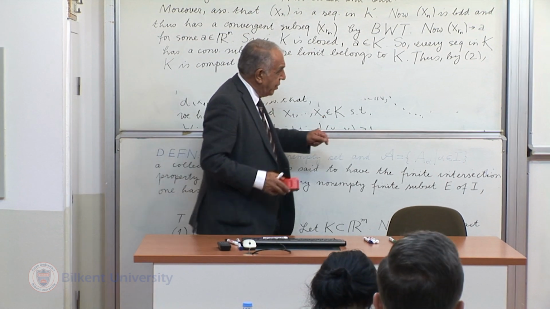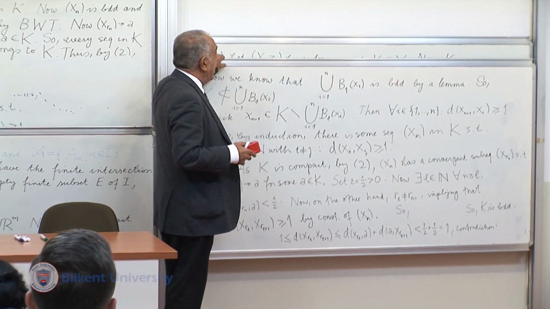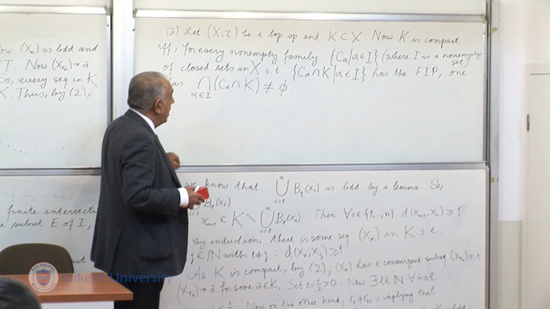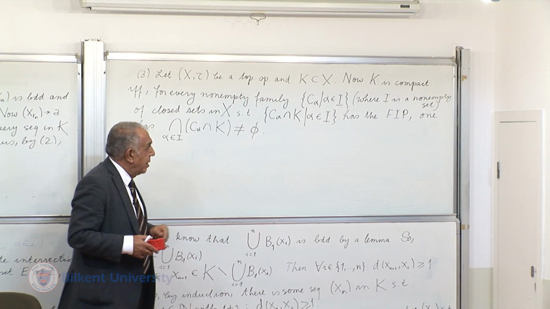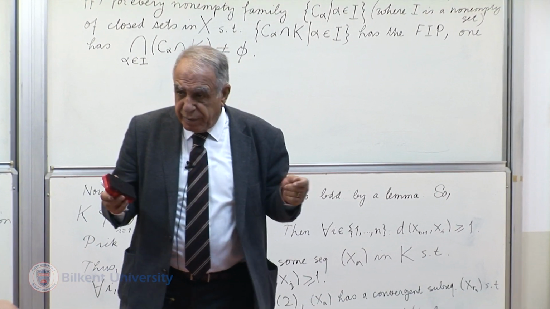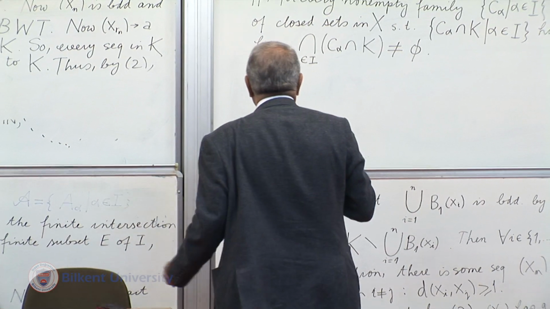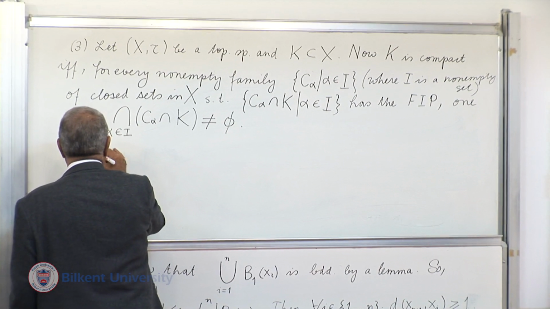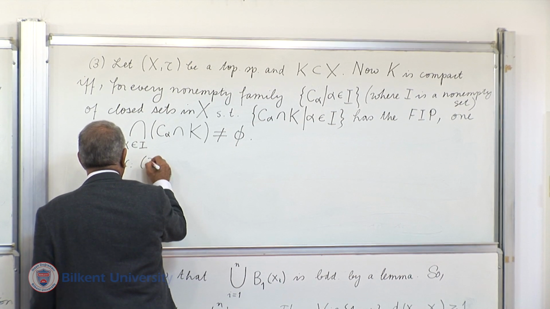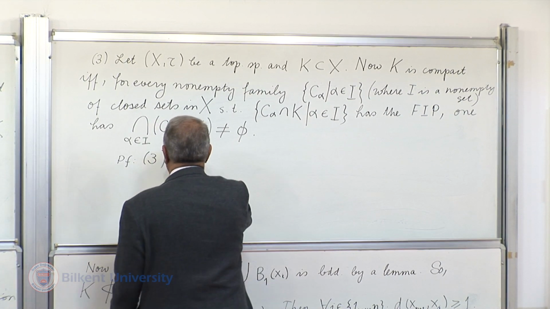Now we have the third statement. It's again a biconditional, but the proofs of both parts are similar. I'll go through the proof of one part and leave the proof of the converse to you. So assume that K is compact.